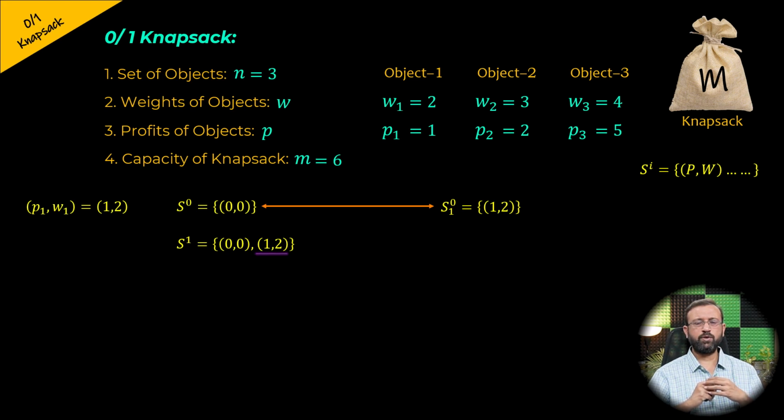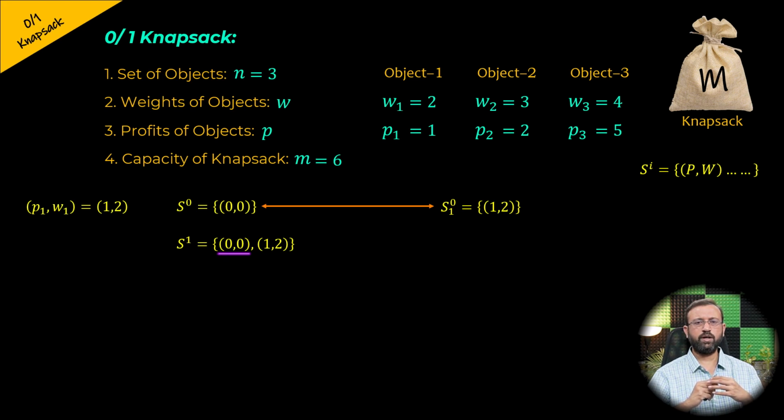So in dynamic programming approach, we compute sets containing pairs of profit and weights by considering all the possibilities of including the objects and not including the objects, and then at the end select the best possible solution that will be optimal.